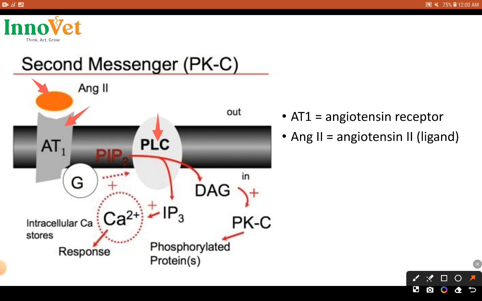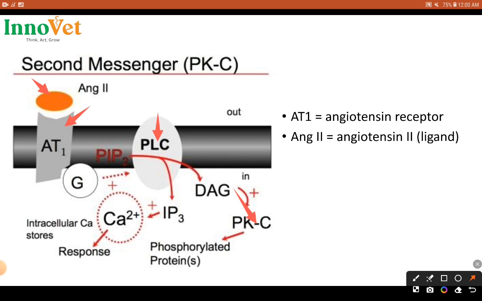The activated phospholipase C will then act on PIP, generating inositol triphosphate and diacylglycerol. So we said the diacylglycerol will go on to activate protein kinase C, bringing about cellular responses.